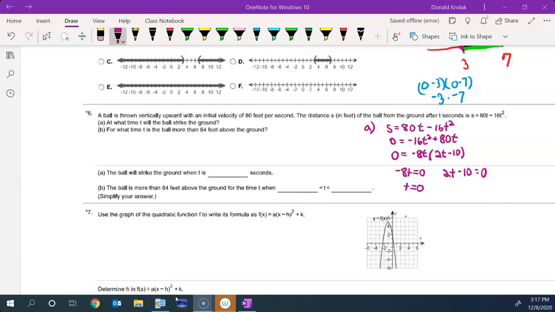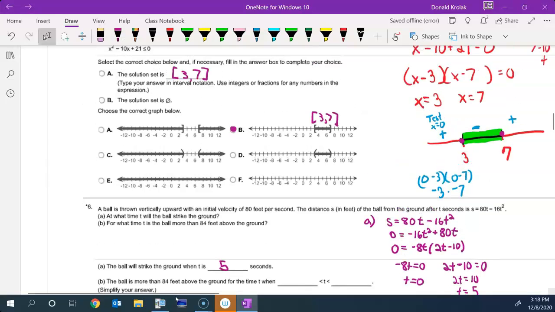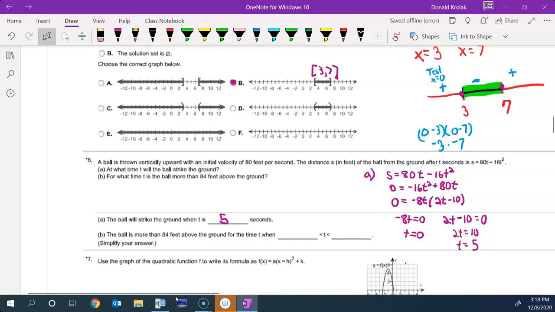So I take each of these factors and I set them equal to 0. So one time would be t equals 0, and then my other time, this would be 10, add 10 to both sides, divide by 2, t is equal to 5. So after 5 seconds, the ball is going to hit the ground. At 0 seconds, it hasn't been thrown yet, so it's on the ground.